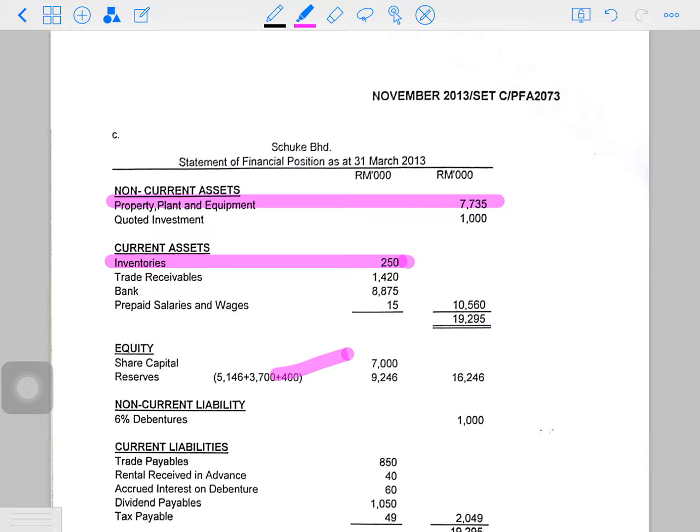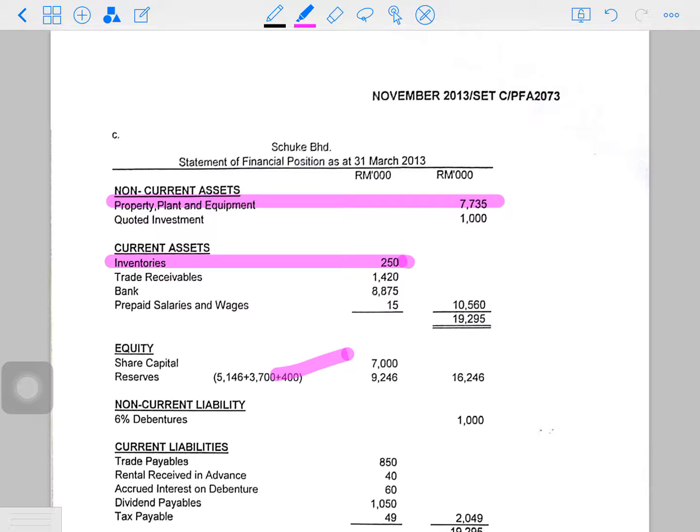The next thing is with regard to rental received. It's for 10 months starting August 2012. So you have to look at your balance sheet date, or financial position date, or your accounting date.